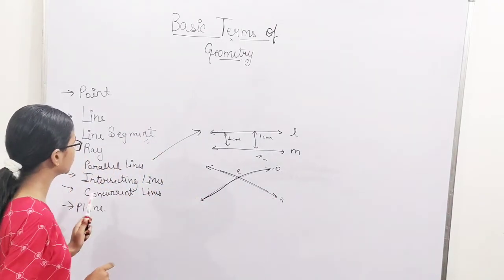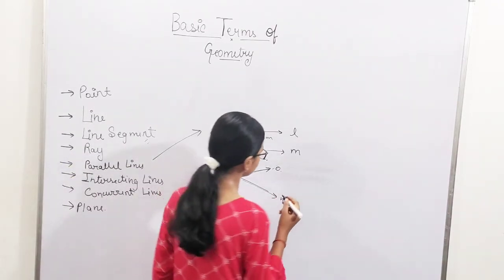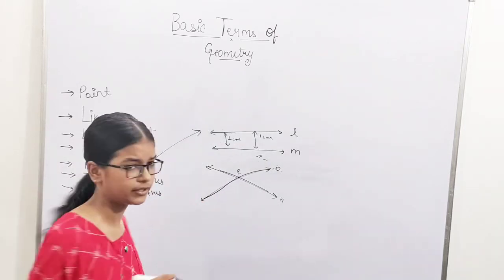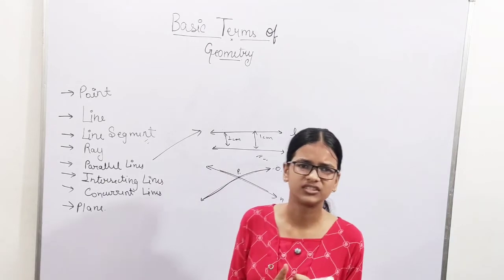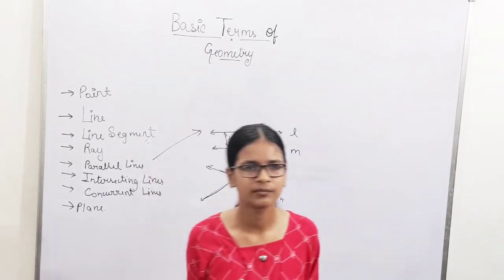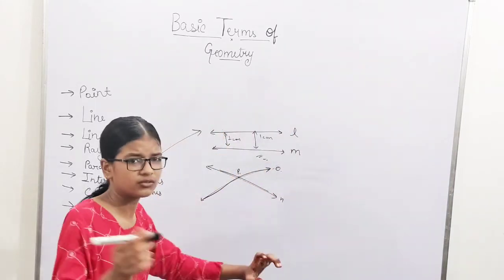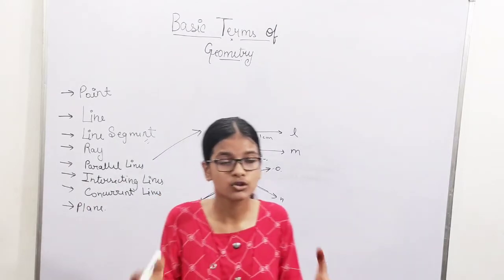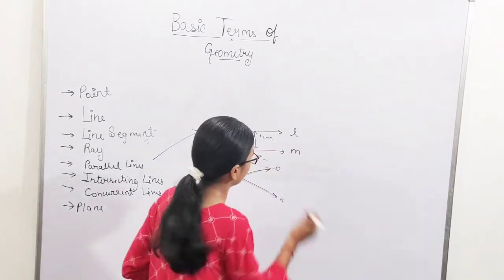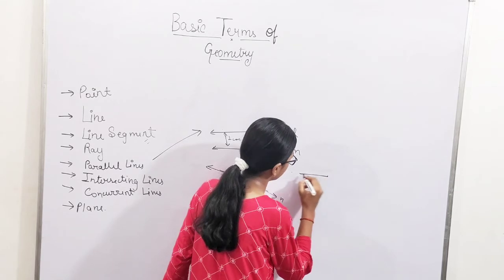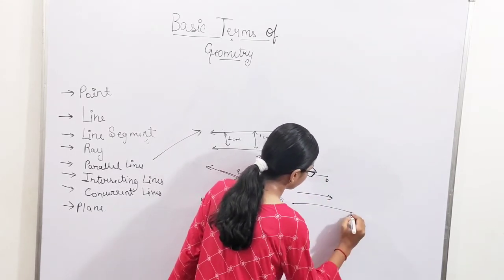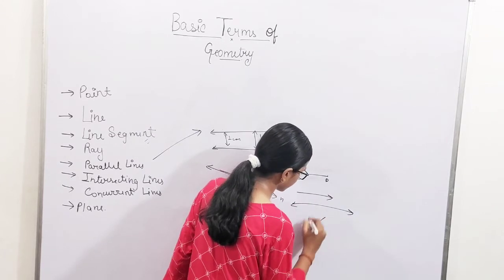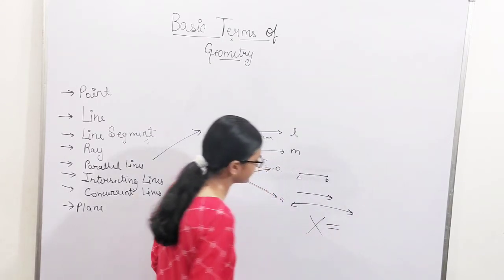Now let's come on to concurrent lines. Firstly, let's learn about plane. Okay, so you must have learned plane. Whatever we do drawing in geometry, we have drawn a point, we have drawn a line segment CD, a ray, a line, concurrent lines, intersecting lines, parallel lines, everything.